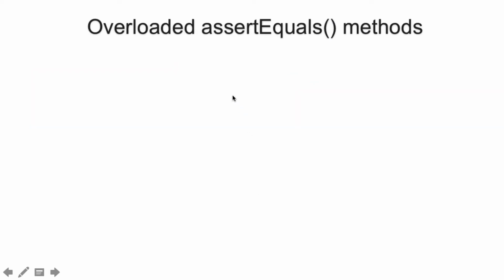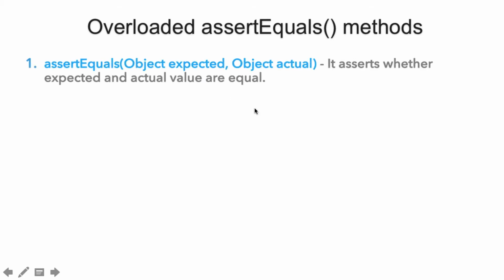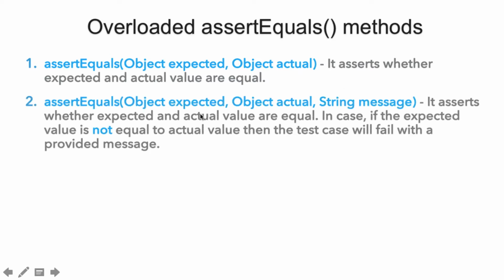So let's see the overloaded methods of assertEquals. The first overloaded method, as we discussed, takes in an actual and an expected value, and it asserts whether the expected and actual values are equal or not. The second overloaded method takes in an actual and expected value, and it also takes a third parameter which is nothing but a message.